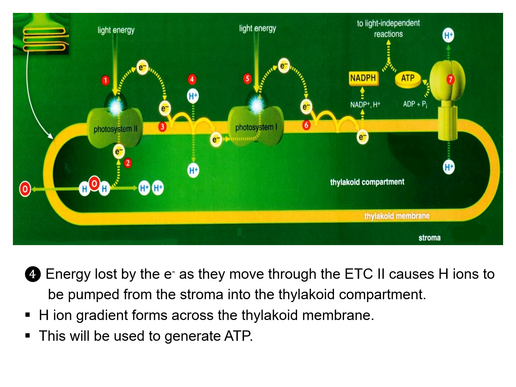The pump, or the channel, of hydrogen ions from the stroma into the thylakoid compartment will create a gradient across the thylakoid membrane. And this gradient across the thylakoid membrane will facilitate the generation of ATP later.